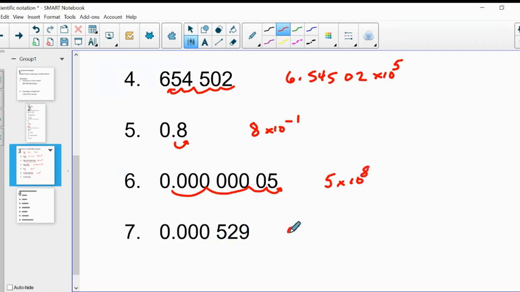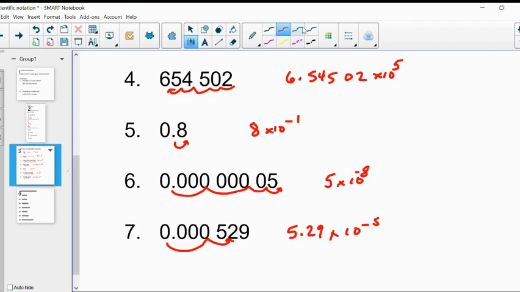And once again, this will be 5.29, and I'm going to move this 3, 4 places to get it there. And that was to the power of negative 5. And I left my negative out on the previous question.